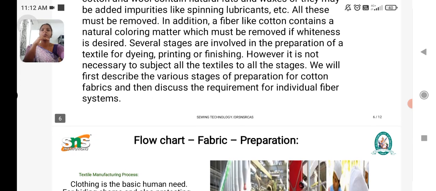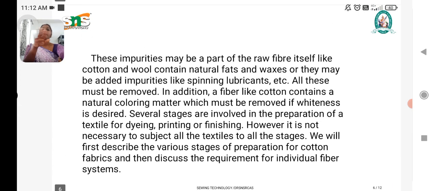These impurities may be a part of the raw fiber itself, as cotton and wool contain natural fats and waxes, or they may be added impurities like spinning lubricants. All this must be removed.